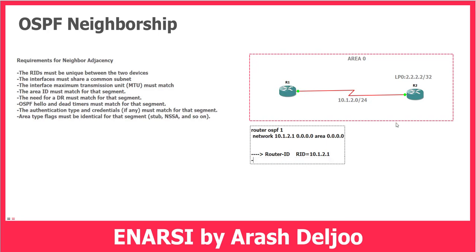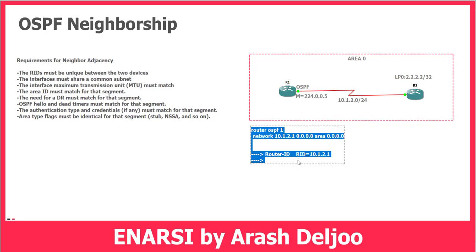After that, because we have configured the network statement on 10.1.2.1 0.0.0.0, it means please enable OSPF on this interface. What does it mean? It means that after this command we will have one multicast IP address, such as in EIGRP. The multicast address is 224.0.0.5.